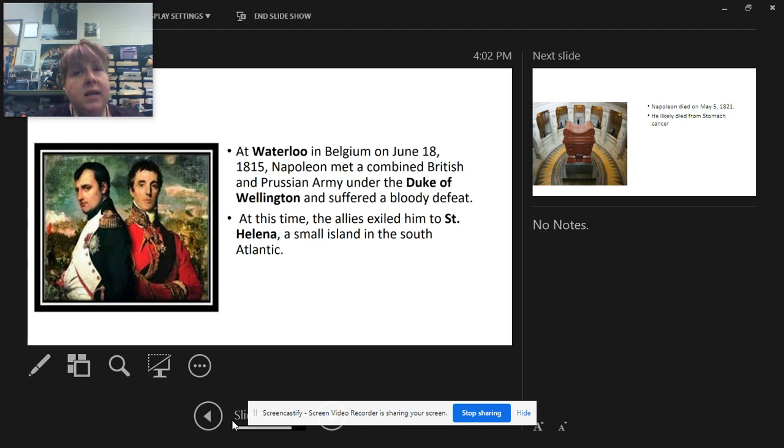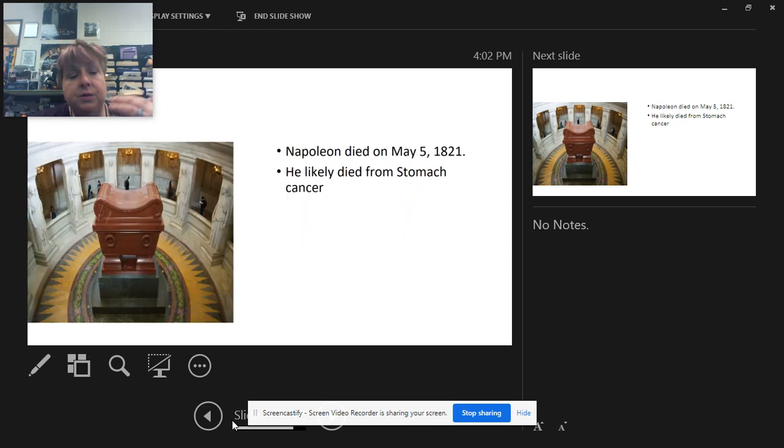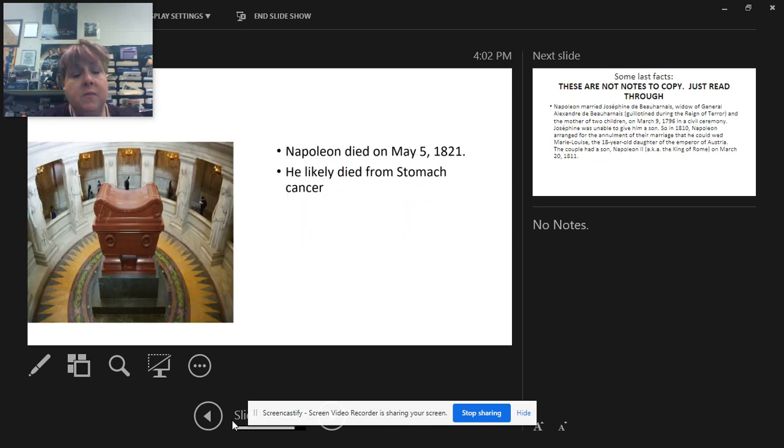When he dies, he is buried there on St. Helena, and about 19 years later, the British allow his body to be exhumed and taken back to France, and placed into a memorial tomb for important people in military history.